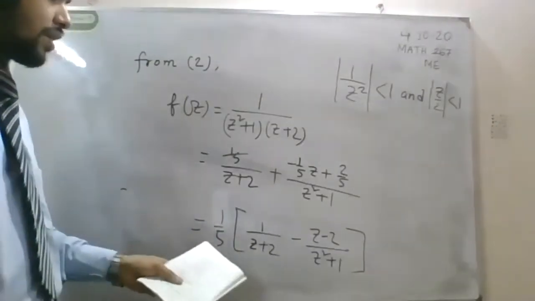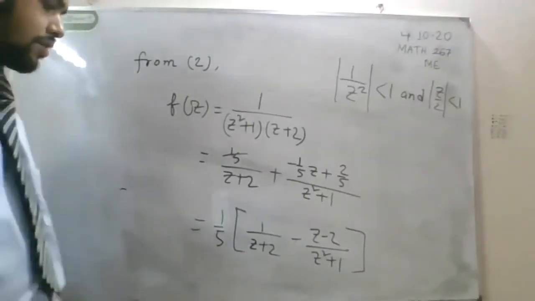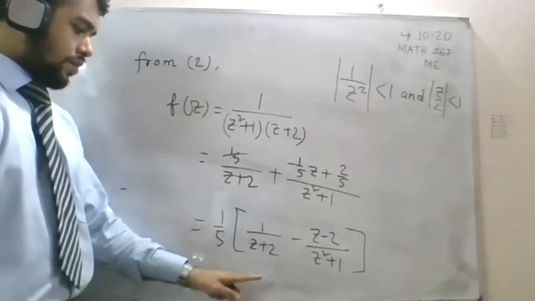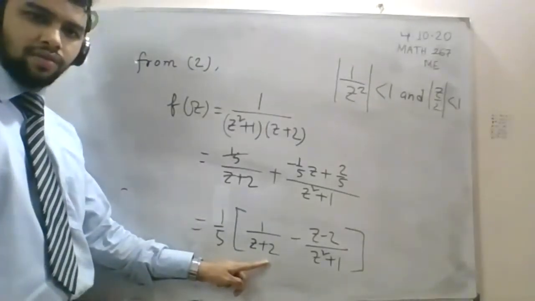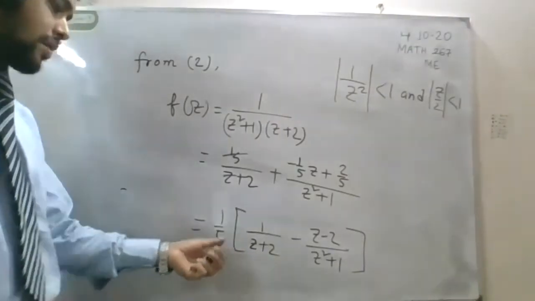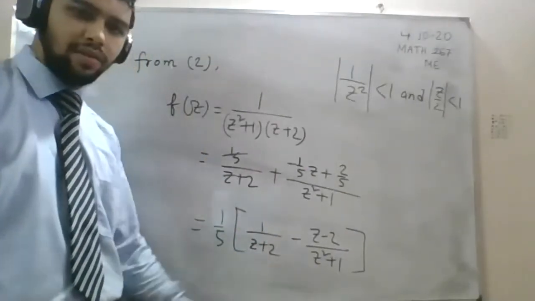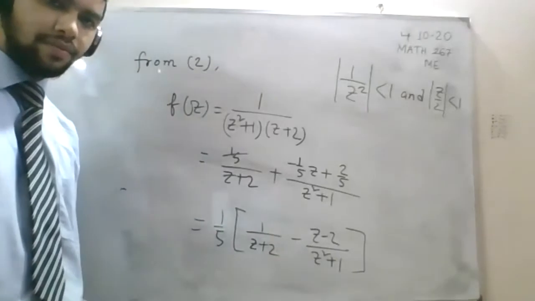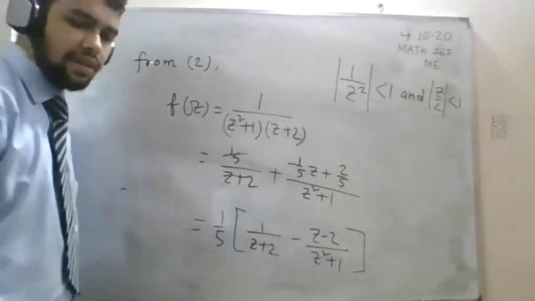What do we have to do now? From the first one, if we take 2 common it will be 1 by z plus 2, and below we take 2 common. So from here you have to take 2 common, then z by 2 plus 1. And from here, taking z square common, in front it will be 1, and there 1 by z square.